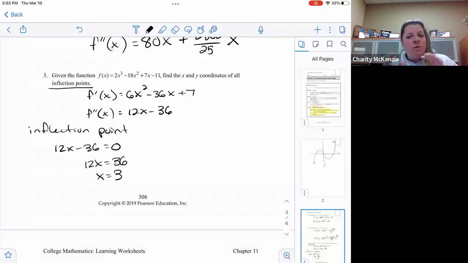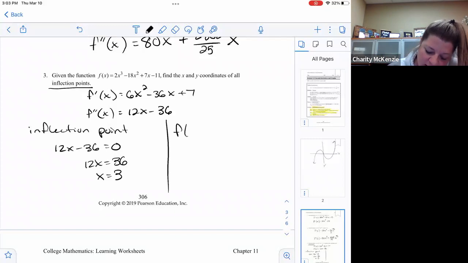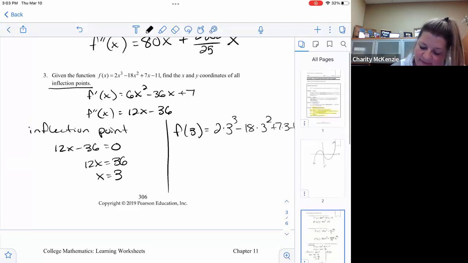So everything we're finding using the first derivative, using the second derivative, they're all information about the original. So if I want to find y, I have to put it into the original. So I have to then take f original of 3, and that then gives me 2 times 3 to the 3rd, minus 18 times 3 squared plus 7 times 3 minus 11.